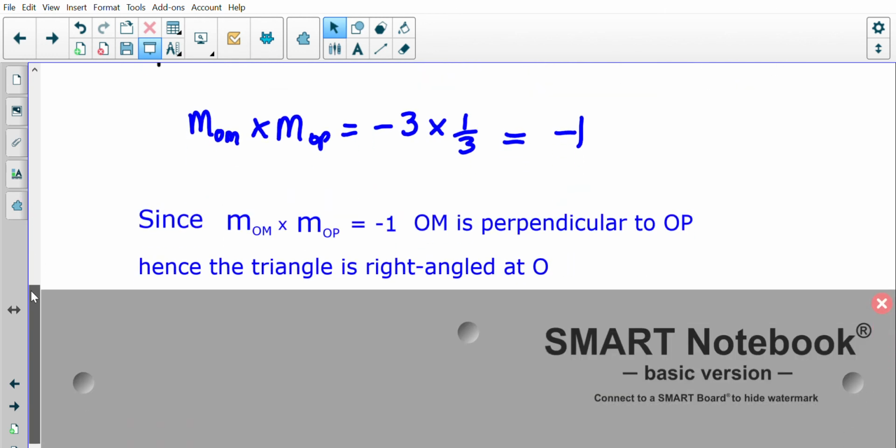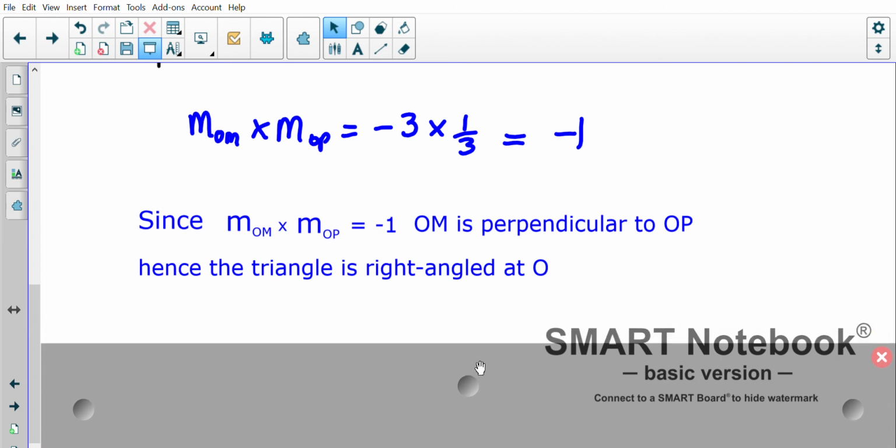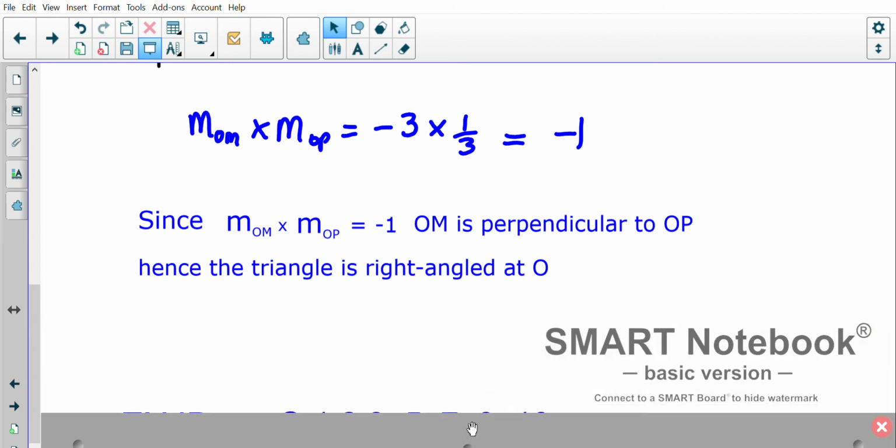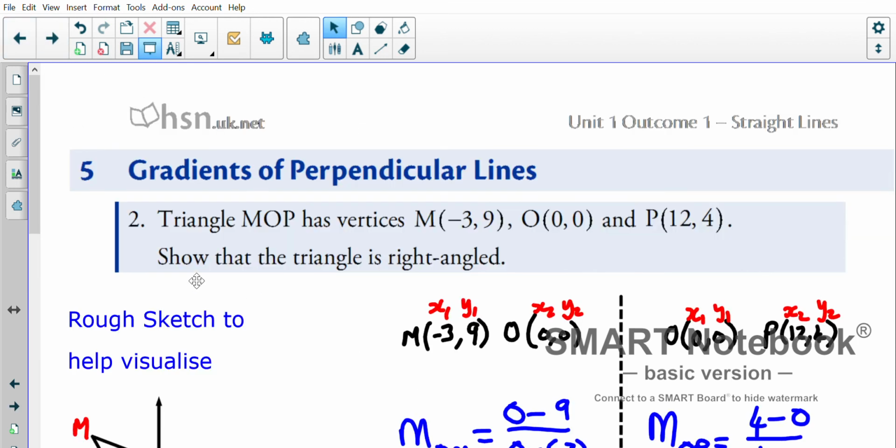So just to finish it off, putting a statement in there: since m(OM) times m(OP) equals -1, OM is perpendicular to OP, hence the triangle is right angled at O. Okay, so that is really everything we're going to cover as far as perpendicular lines is concerned.